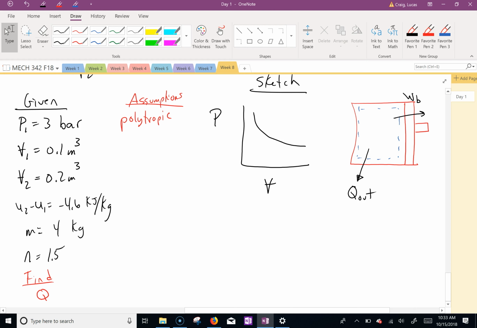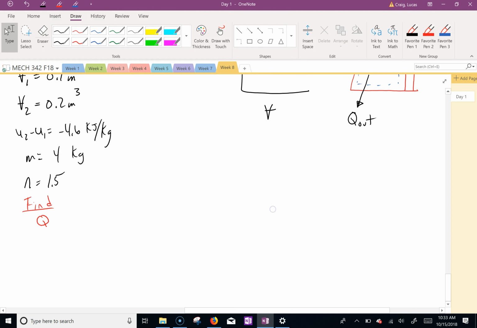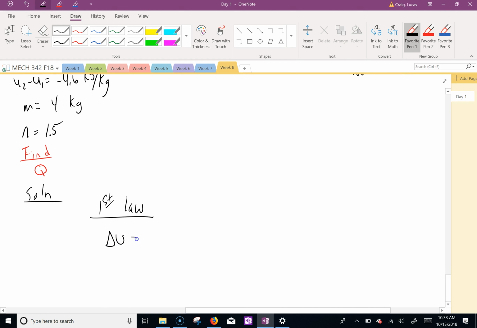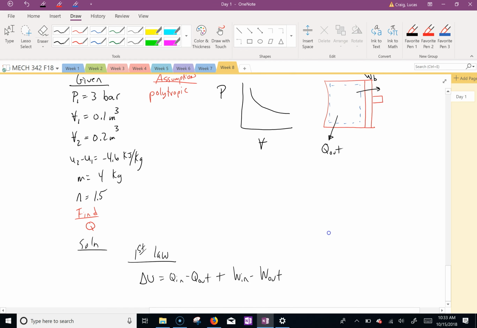And just to give you what that was, so let's get right to the solution. First law. So delta U equals Q in minus Q out plus work in minus work out. And if you want in your assumptions, you could say delta KE equals delta PE, which equals 0.